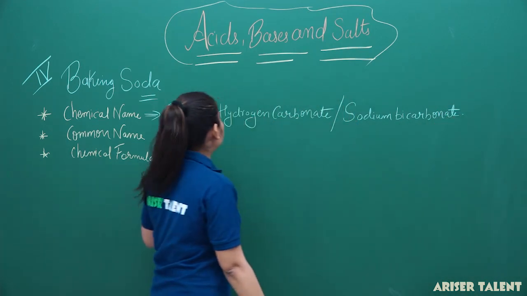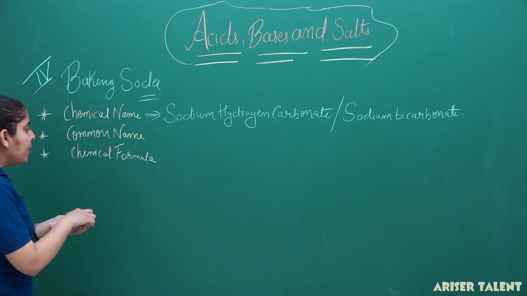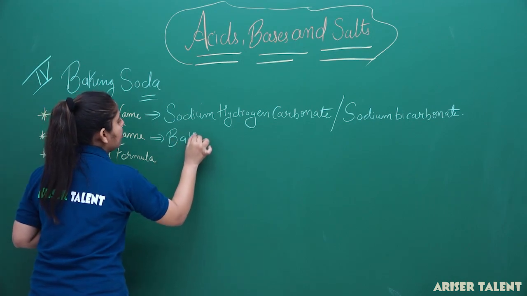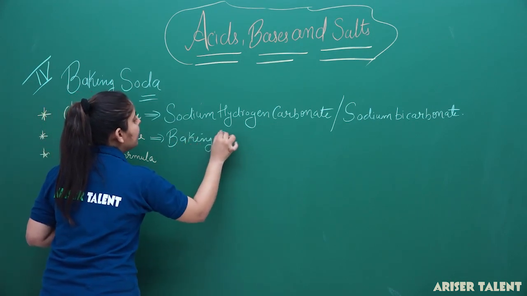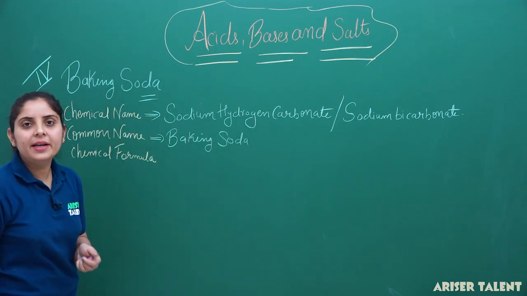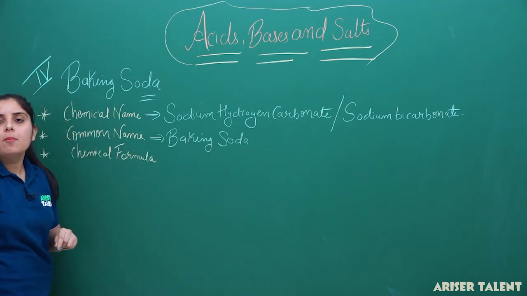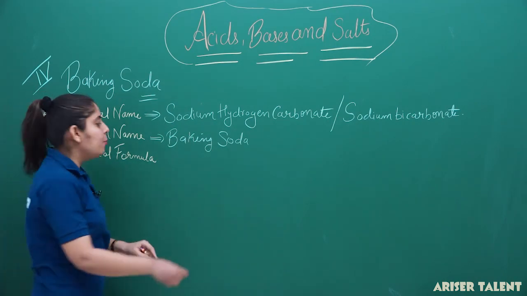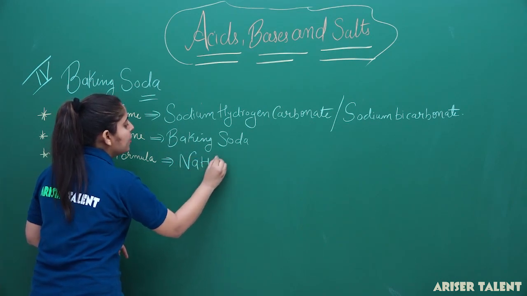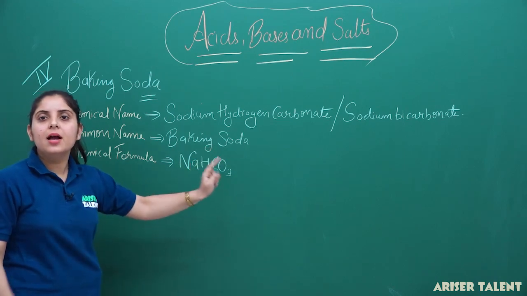So this will be its general name, that is its chemical name. Now its common name will be baking soda, that is our topic. It is basically used in our kitchens for making bakery items such as bread, toast and pastries, etc. Now its chemical formula is NaHCO3, sodium, hydrogen and carbonate.